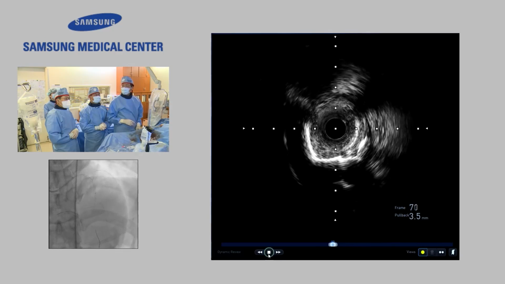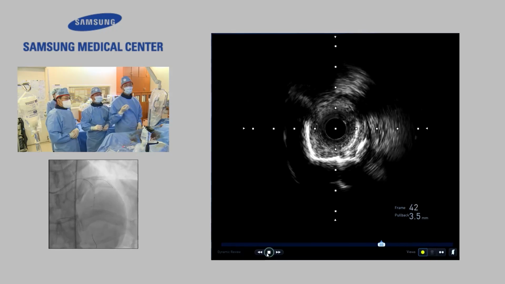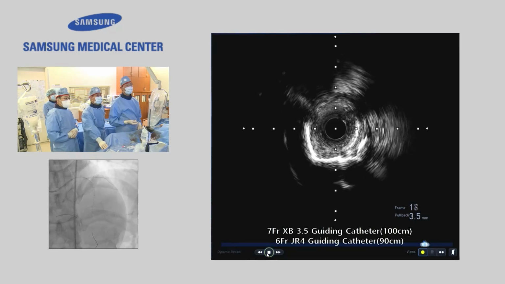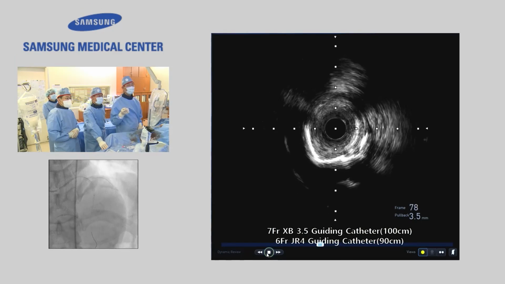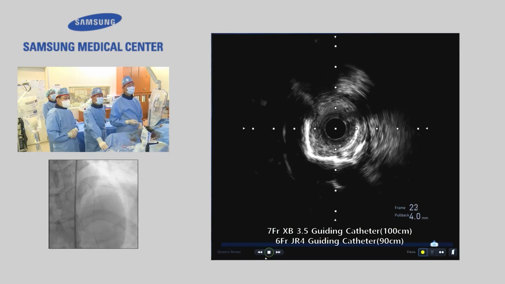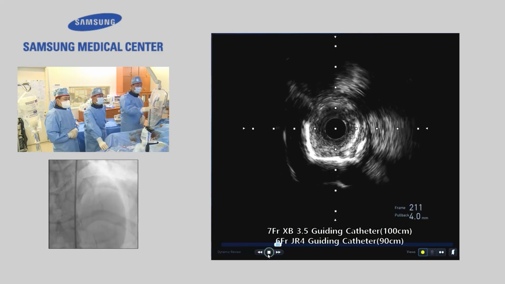This was the proximal; I adjusted the depth of the IVUS catheter. So this is the proximal portion of the total occlusion. Next, 11 o'clock. Next. This is the distal position. Looks alike. And the angiogram.